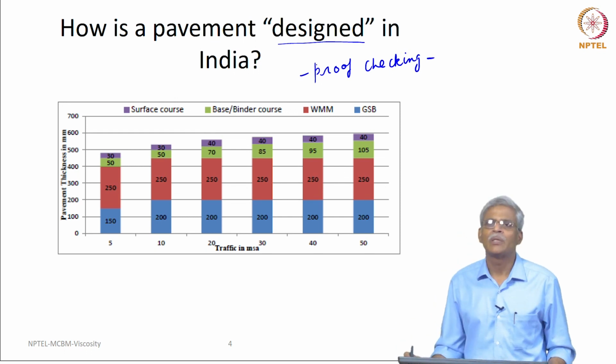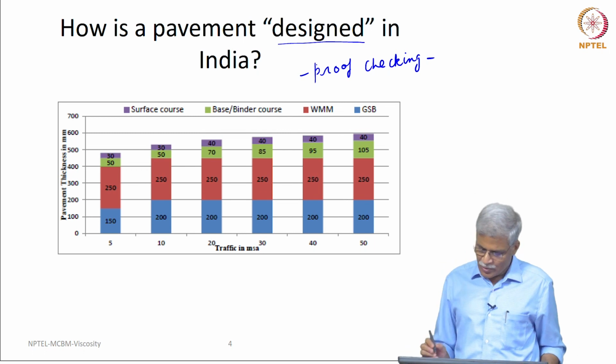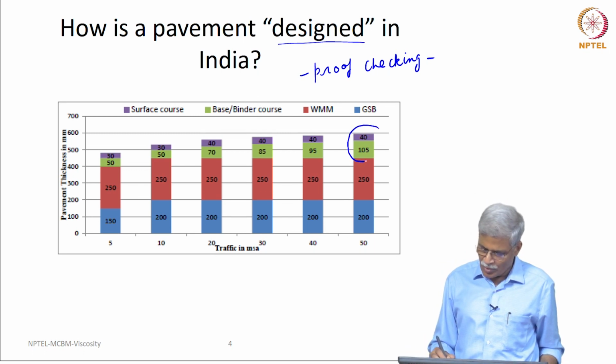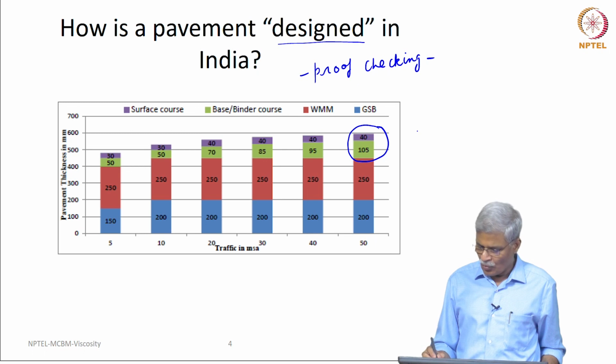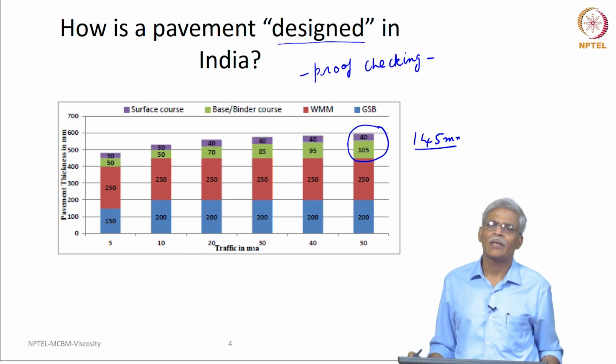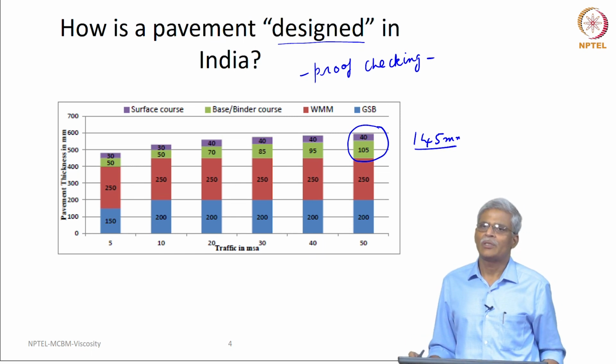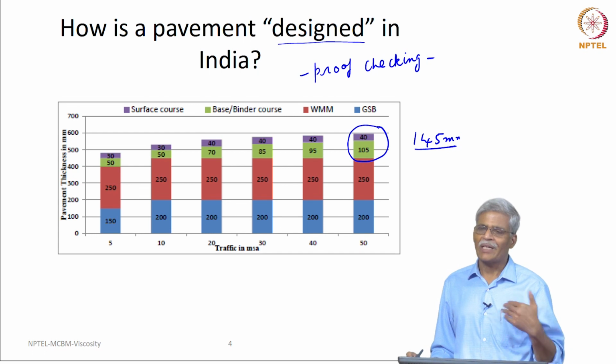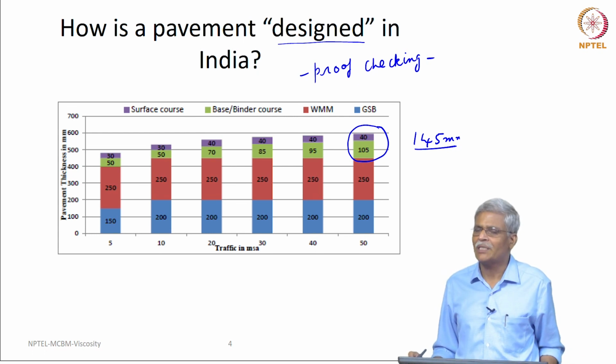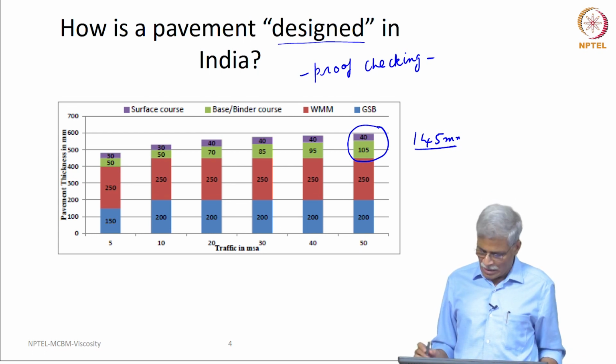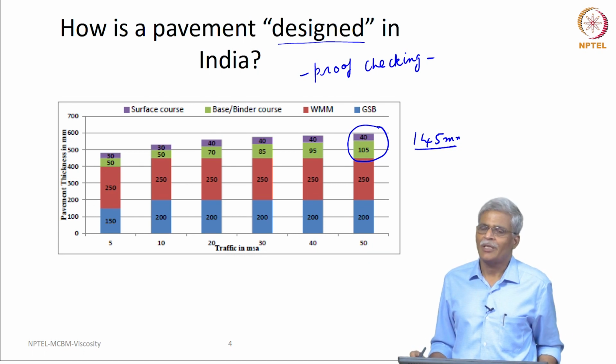So, the choice of a specific thickness of a bituminous layer here, 40 plus 105, 145 mm of bituminous layer, is not only dependent on the actual load and the environmental condition, but also on various constructability issues.